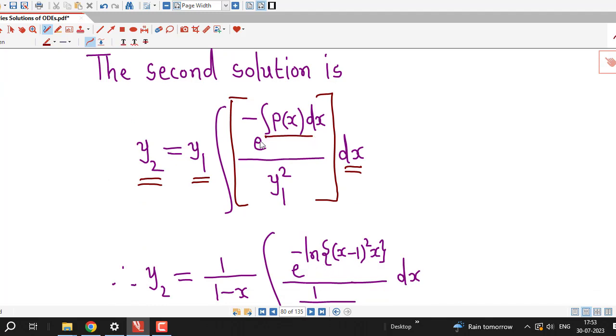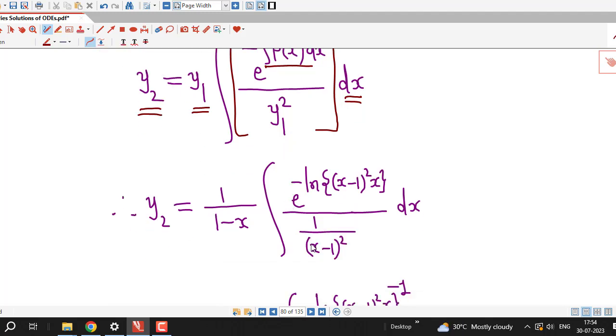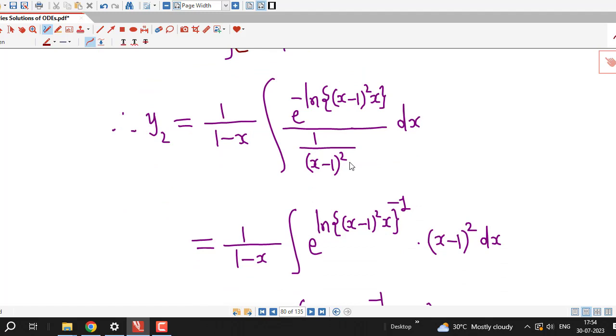This I have substituted here, with the negative sign. y1 is 1 over 1 minus x, so that also I have substituted. And now if I take this quantity 1 over (x minus 1) squared into the numerator, I will have the square of (x minus 1). Here, using the property of logarithm, I can take minus 1 in the power of this bracket.